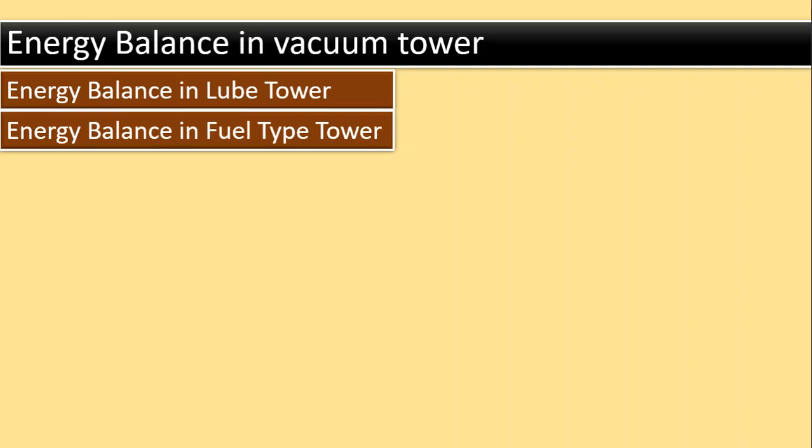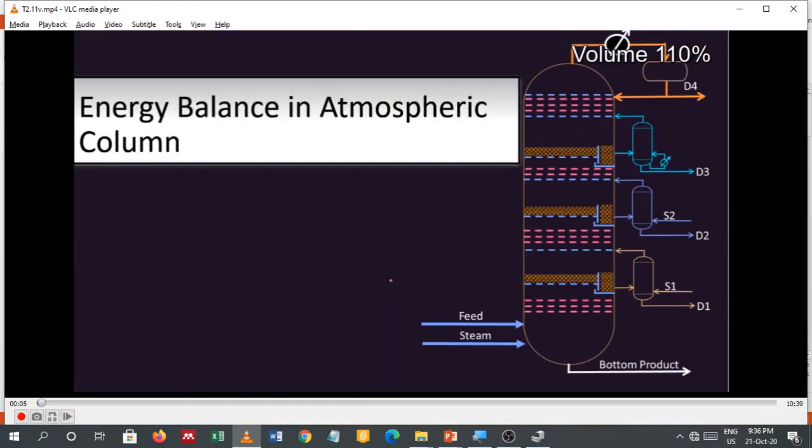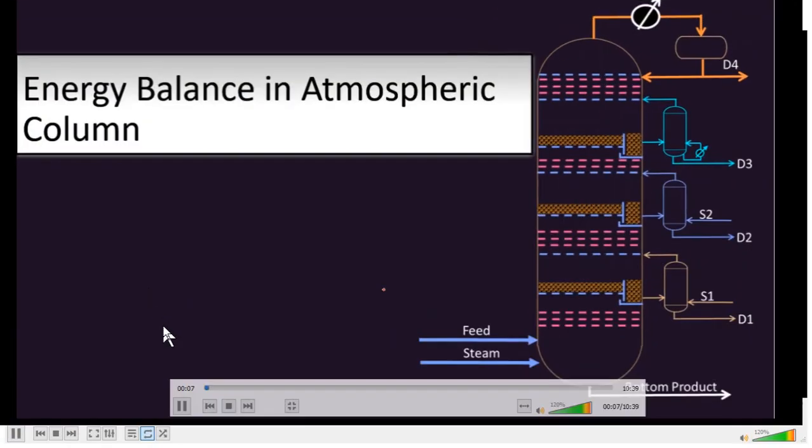As far as the energy balance concept is concerned, it is the same as in the case of the atmospheric distillation column, and probably you remember that we discussed this in the atmospheric distillation column. In this lecture, we'll discuss how to carry out the energy balance for a distillation column.